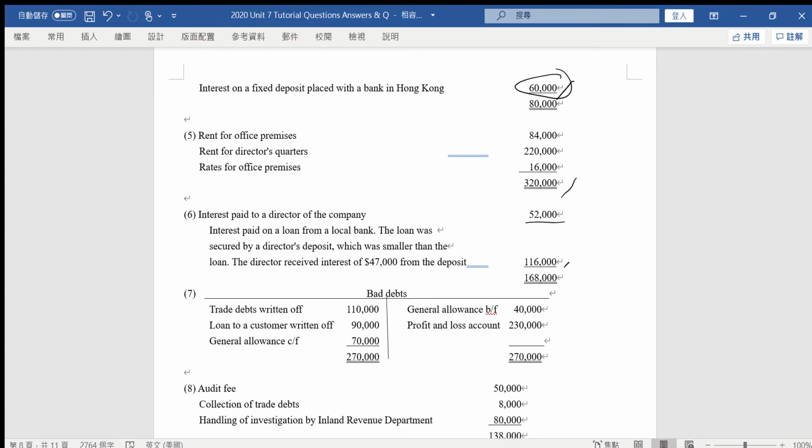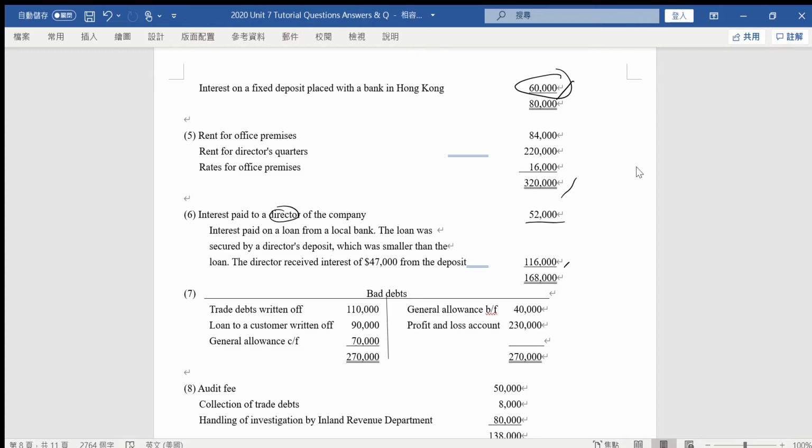There is a general deduction rule. Is it fulfilling the sixth condition? Surely that should not be fulfilled, right? And also Section 16(2)(a), (b), (c), whether the secured loan test or the interest fallback test is fulfilled, because the director is a connected person. Surely this amount will not be allowed to deduct, I bet, this 52,000.